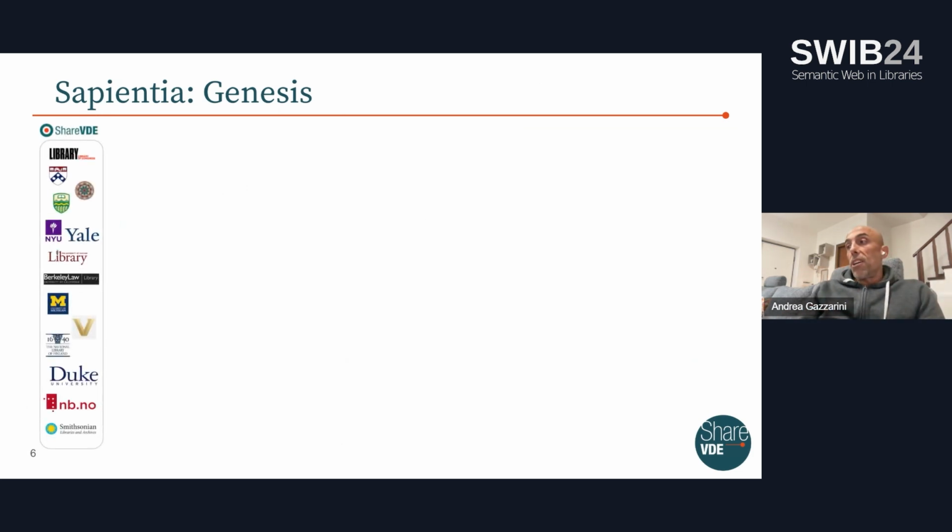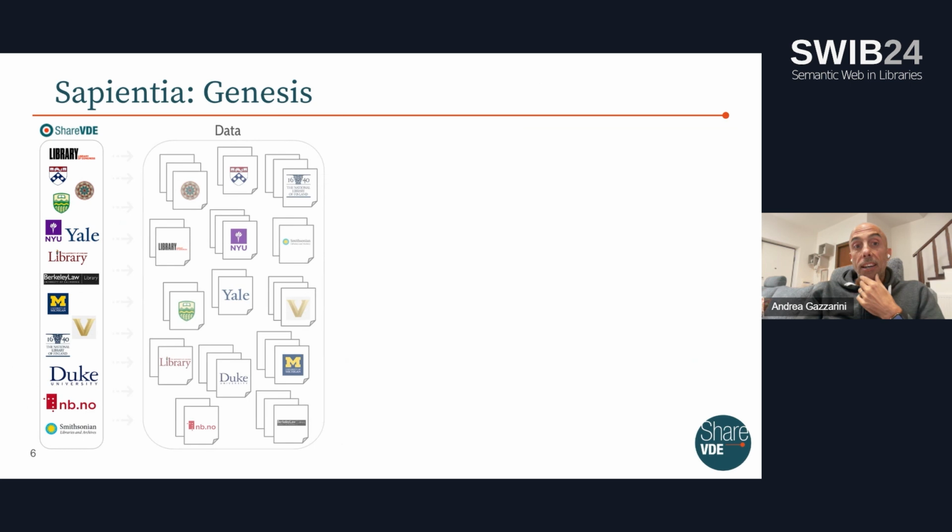We have several participant libraries, universities that contribute with their data. In this stage, data is separated because each library potentially provides the data in a different format, in a different way, through API, through batches, and so on.